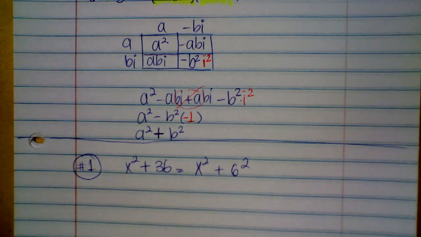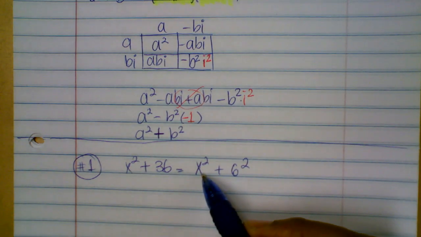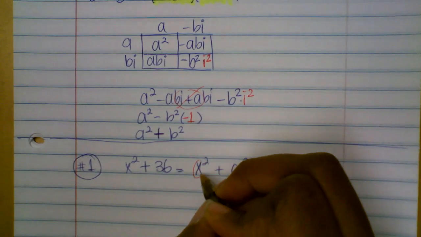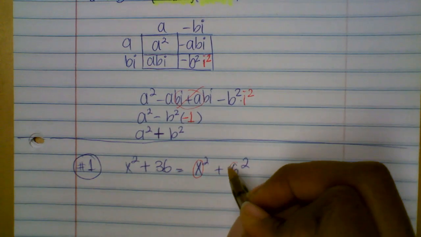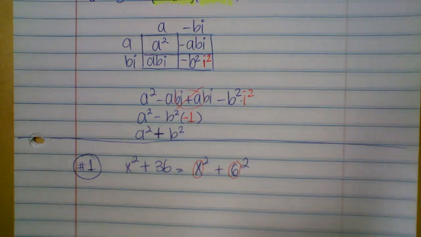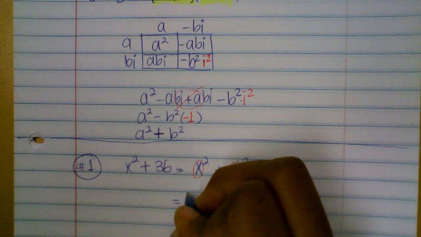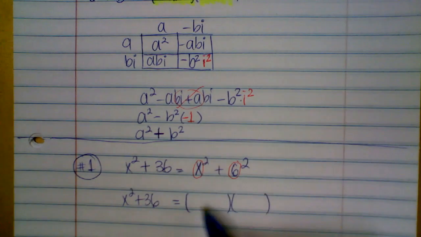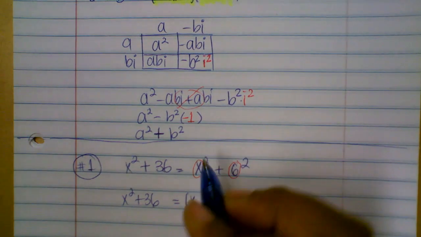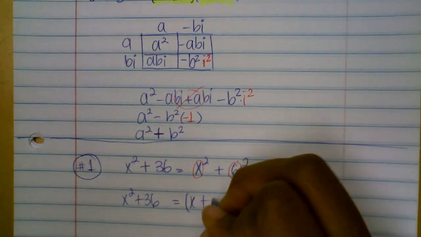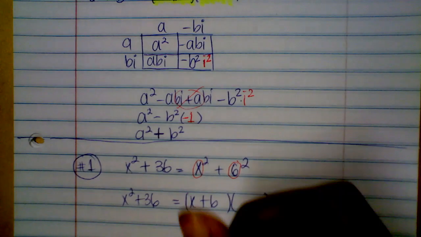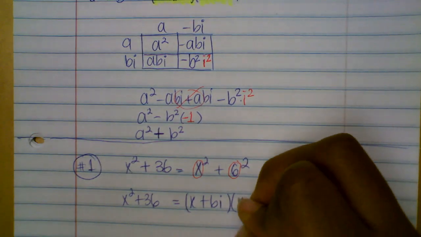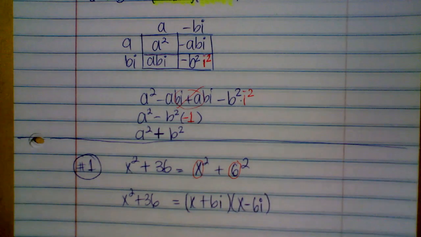So I identify what is a and what is b. My a here is going to be x, and my b here is going to be 6. So when I write x squared plus 36 in factored form, you simplify to x plus 6i, don't forget to include the i, and then the complex conjugate x minus 6i.